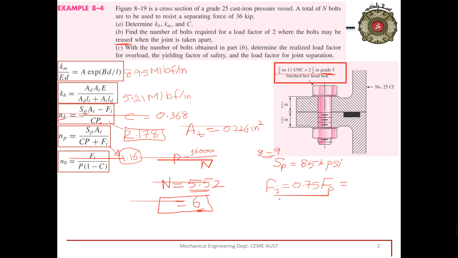We have the value of Fi, we have P, which is equal to, in this case, 36,000 divided by 6, which gives us 6000. We have the value of C. Just substitute the values and we will get N naught equal to 3.8. So we have calculated 3.8, which means the joint is well safe.